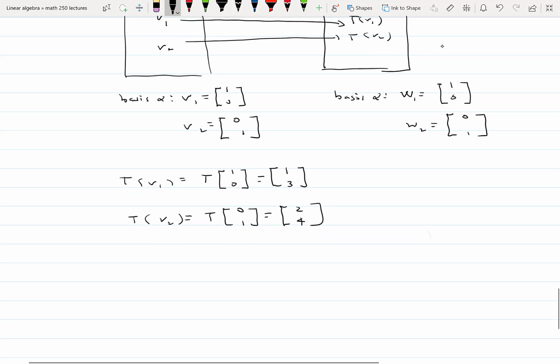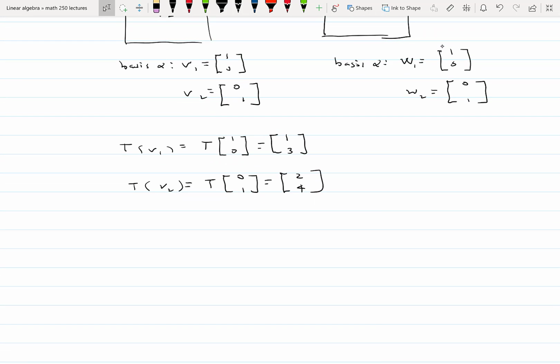Okay, now what I'd like to do is consider A as the matrix consisting of the coordinate vector of T of V1 relative to the basis alpha and the coordinate vector of T of V2 with respect to the basis alpha.